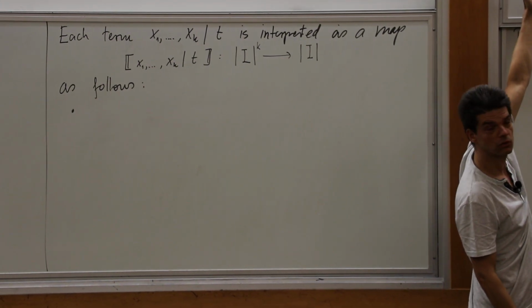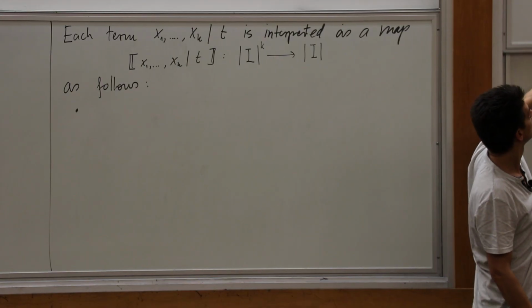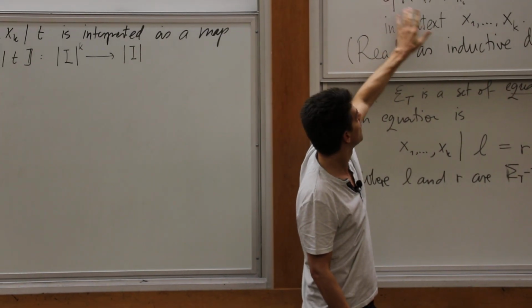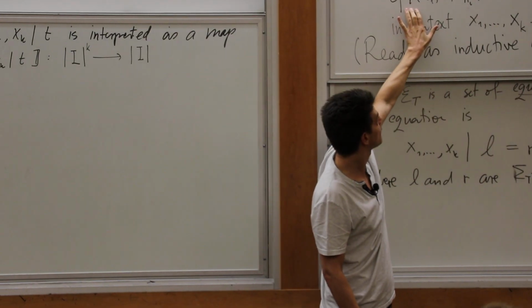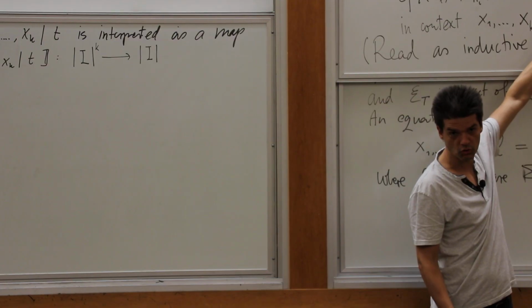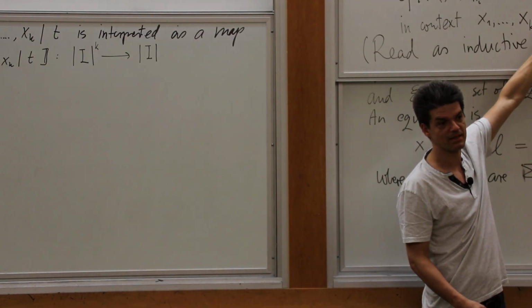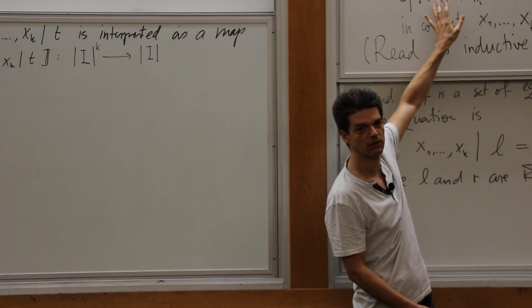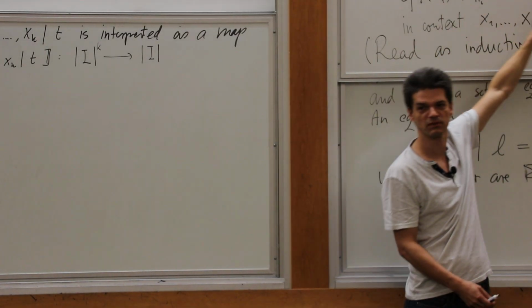I have to consider two cases: what happens with variables and what happens with these compound terms. When I define the compound terms, I can already presume that I have defined the meaning for the subterms. So my semantics is compositional, because the meaning of a term is defined as a function of the meaning of the subterms.